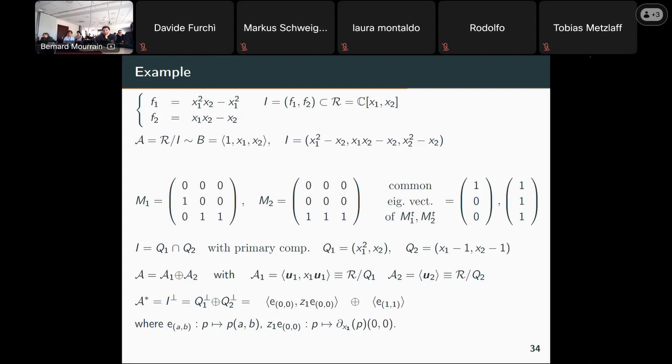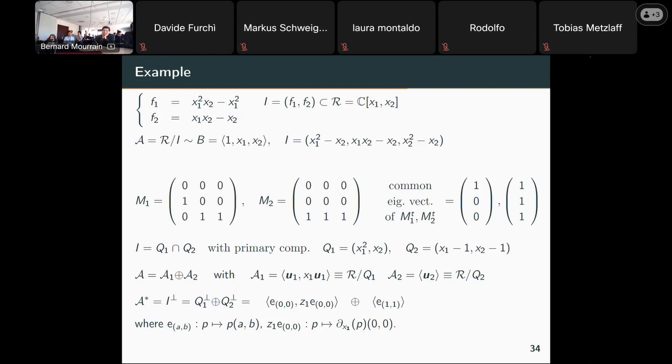You can check easily that they are common eigenvectors of the transpose operators. So this represents the evaluation at points. Which point? We have the basis, which is this 1, x1, x2. And this is the evaluation at some point. So when we look at the evaluation represented in the dual basis, what we do is take the basis B, so the coefficients are the basis B evaluated at the point.